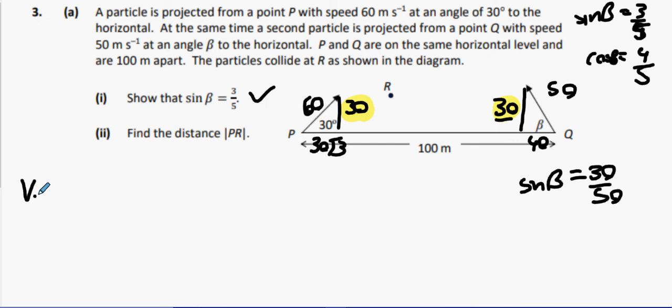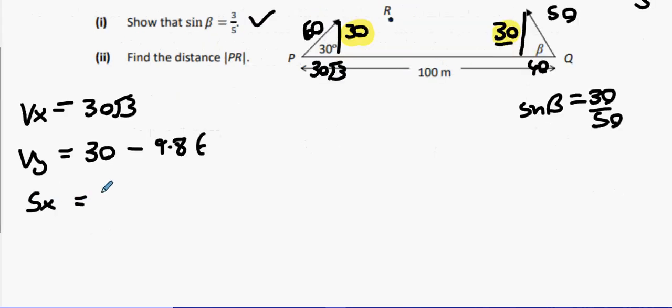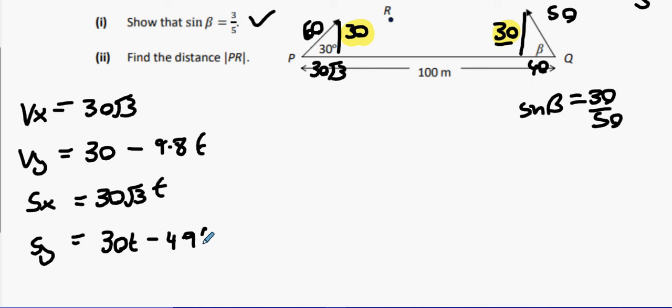Vx for the first set is simply 30 root 3. Vy is 30 minus gt. I think we're just going to use 9.8, so 30 minus 9.8t. Sx is 30 root 3 t. Sy is 30t minus 4.9t squared.